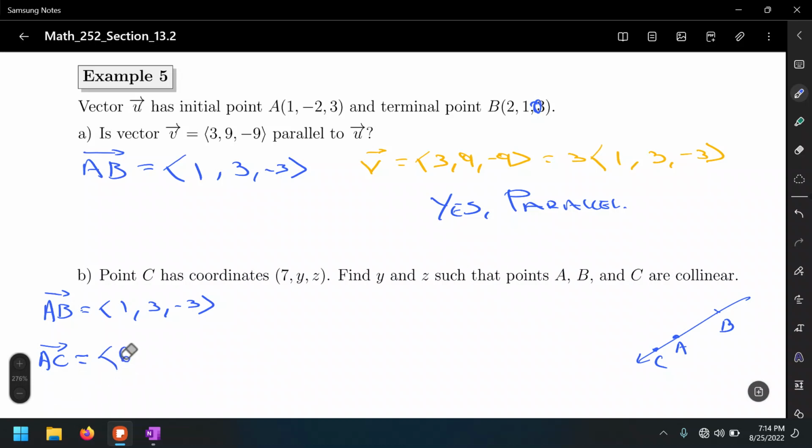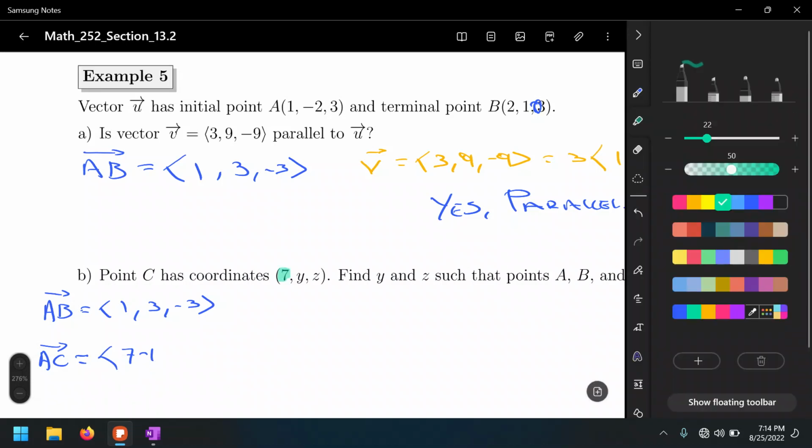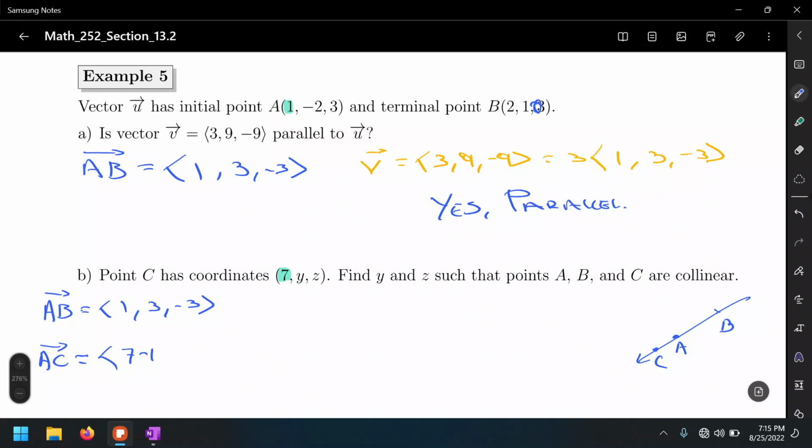Let me write it down, 7, just so you can see where I'm getting this from. 7 minus 1, and then y minus -2. Be careful with the signs here, because this will become a plus: y plus 2, comma, z minus 3.